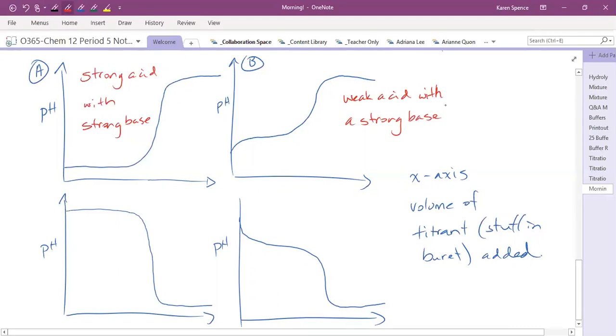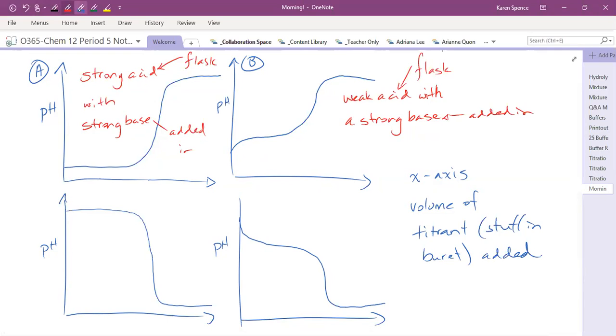And when I write it this way, you always want to remember that when we say a strong acid, that means that's what we're starting with in our flask. And when we titrate it, we're titrating it with a strong base. That means we're adding in the strong base. So this is in the flask and this is added in. The weak acid is in the flask and the strong base is added in.